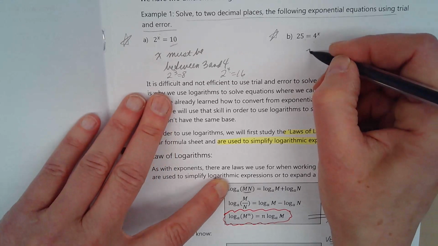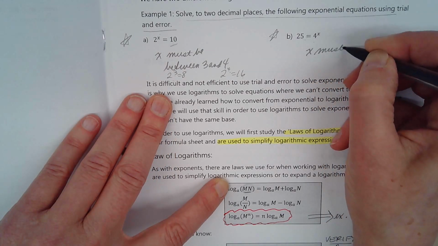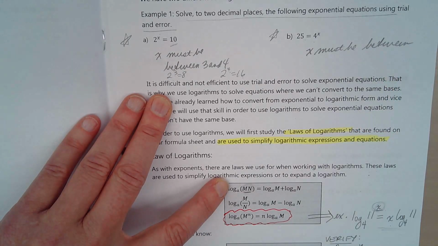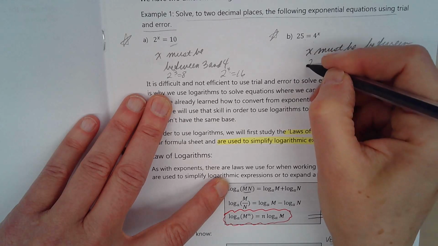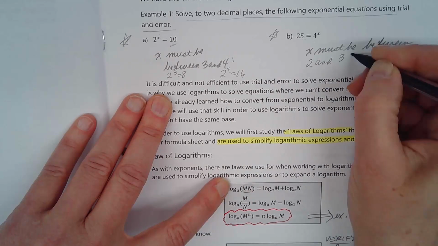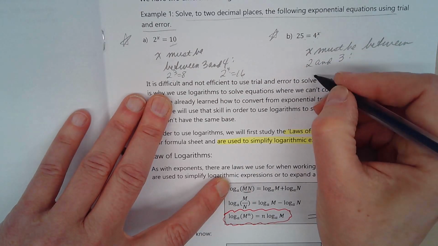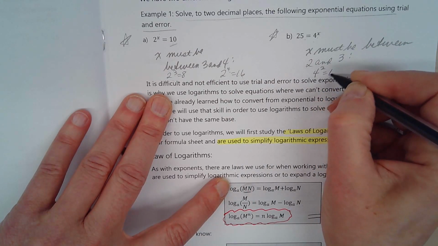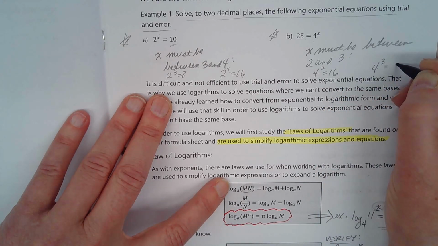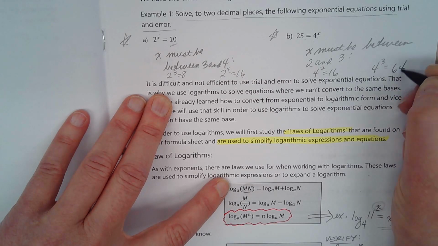What is this one? X must be between what 2 numbers? 2 and 3, because, okay, well, let's check. If x was 2, it would be 4 squared equals 16. 4 cubed equals, do you have that one memorized yet? 64.